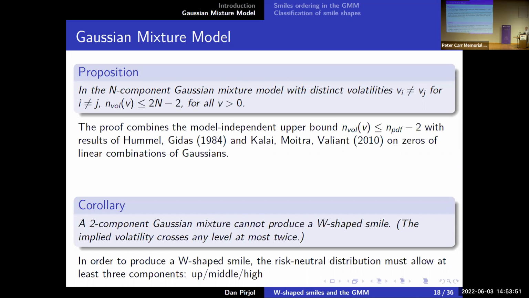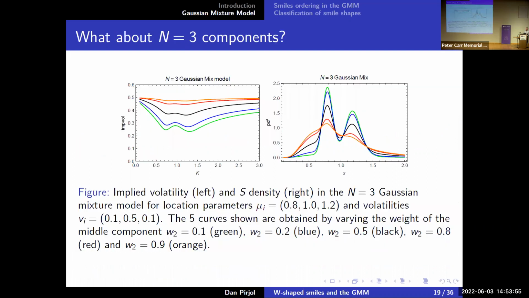You need at least 3 components to produce that W-shaped smile. And of course, if you go through the calculation, plug the 3-component mixture into the Black-Scholes formula, you get these W-shaped smiles as the weight on the central component is changed.